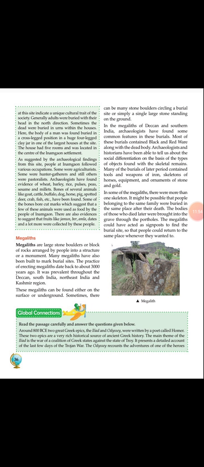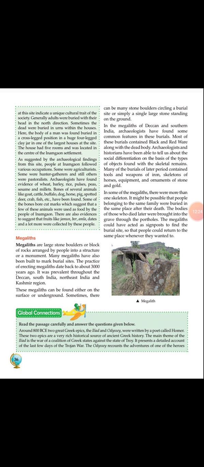Next, megaliths. Megaliths are large stone boulders or blocks of rocks arranged by people into a structure or a monument. It means, what are megaliths? Megaliths are large stone boulders or blocks of rock arranged in the shape of a structure or a monument. Many megaliths have also been built to mark burial sites.